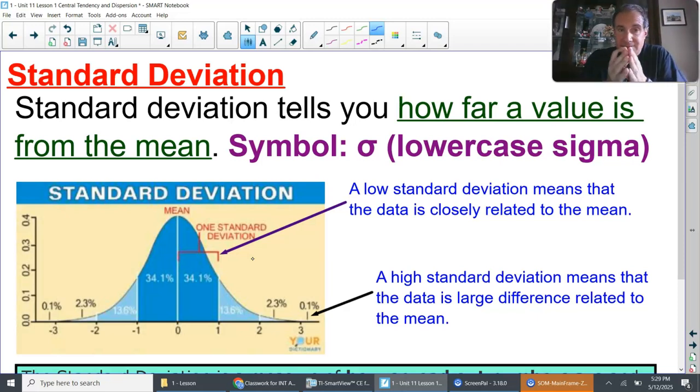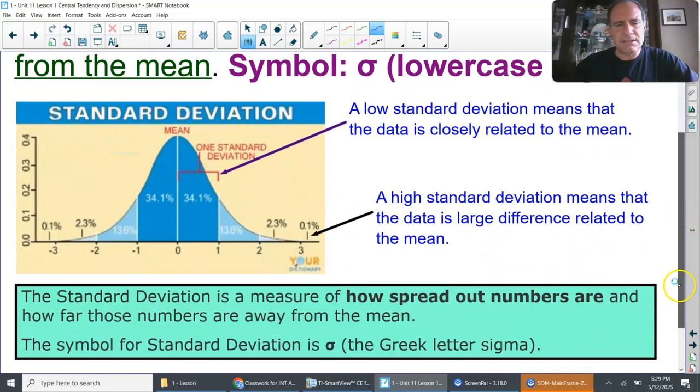That means that there's not as much spread, and the mean, the average of the whole data set, and the numbers in that data set are not that far apart. A high standard deviation means that the data has a large difference in relation to the mean. So we're going to see what this means.